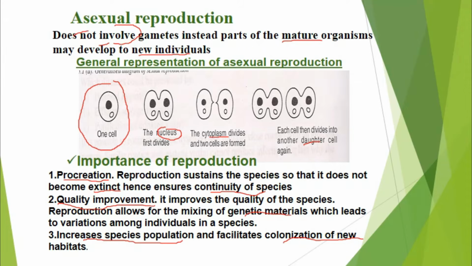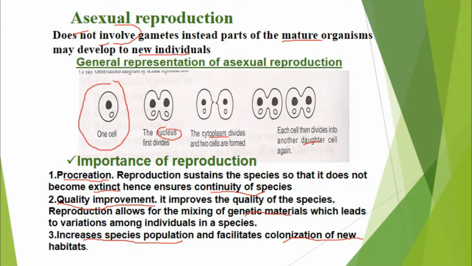Here we have the nucleus being divided, and then it is followed by the cytoplasm. That division will lead to two daughter cells that will have the same number of chromosomes as the parent cell.